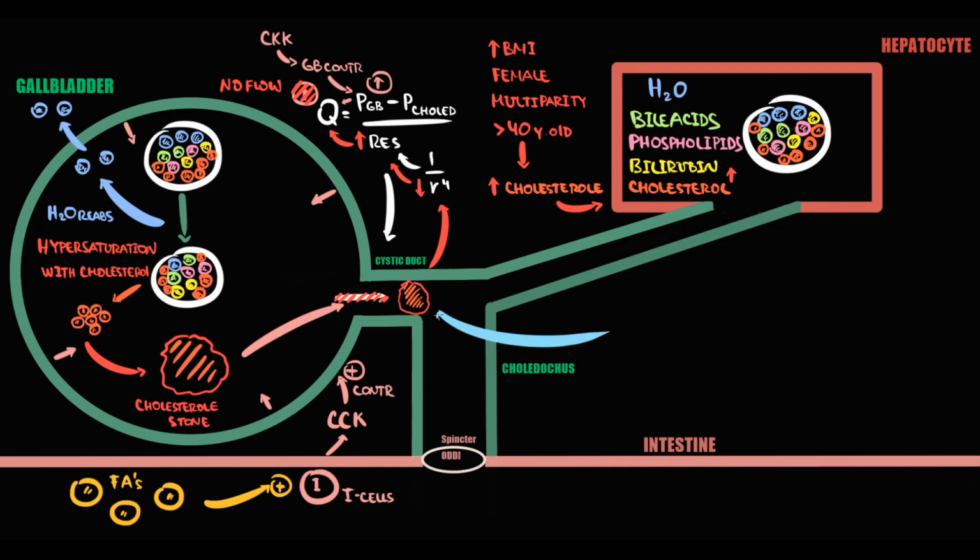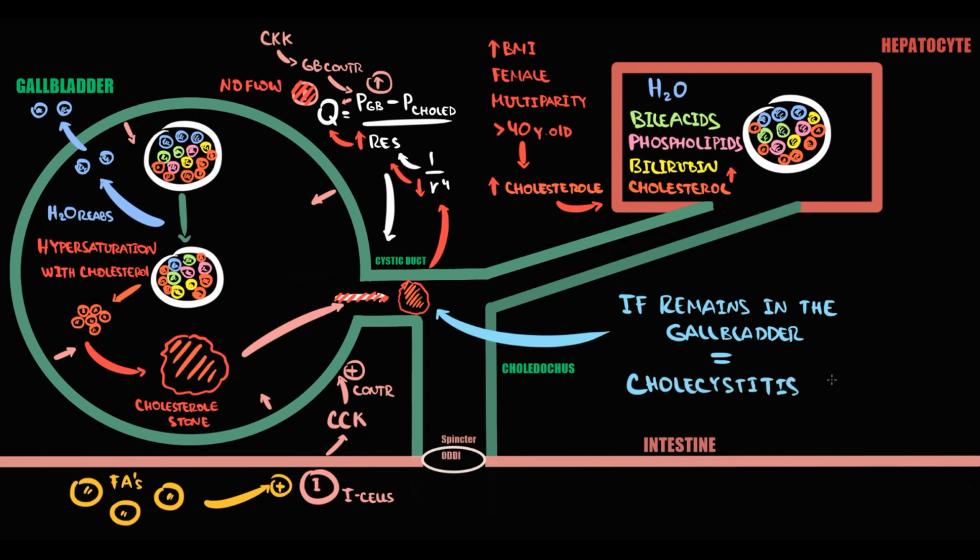With the stone in the cystic duct, there are two possible scenarios. The first possibility is that this stone will be so large that it will cause prolonged obturation of the cystic duct. With prolonged obstruction, usually inside the gallbladder, bacterial infections develop. And infection causes inflammation of the gallbladder walls. This condition we call cholecystitis.